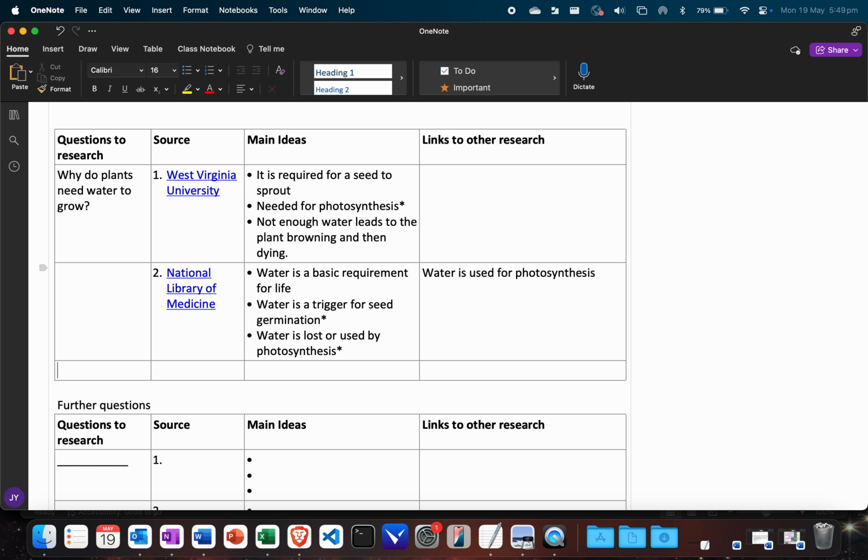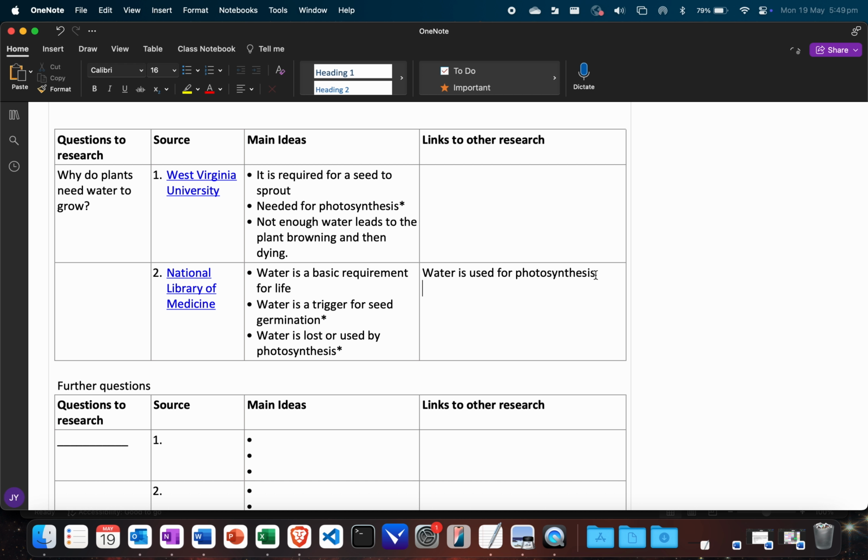Okay, so, whoops. Okay, I held shift and then hit return to go down a few lines. Okay, so it triggers seeds to sprout. And they kind of agree on this last point as well. Not enough water leads to death. And this is saying that water is required for life. It's just saying the same thing, but kind of in reverse.